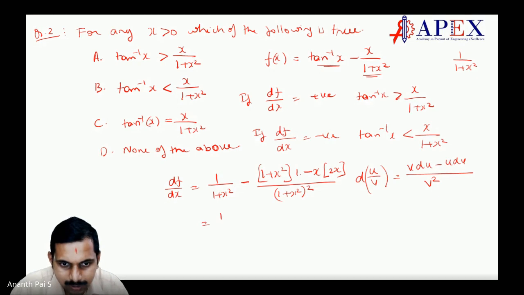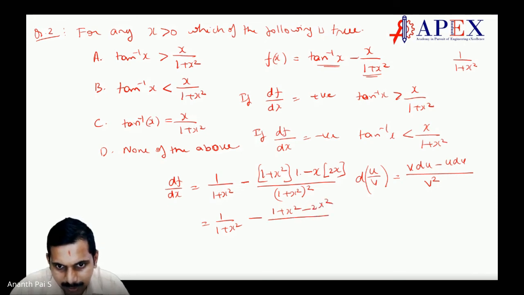Correct. So this will be (1 plus x square) minus 2x square, divided by (1 plus x square) the whole square. Correct.